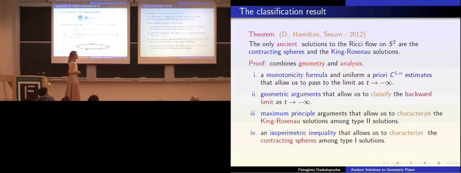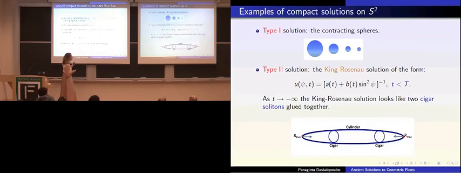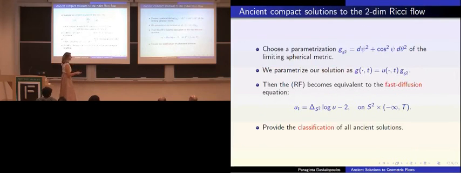Again, in 2012, with Hamilton and Sesum, we showed that the only ancient solutions of the Ricci flow on S2 are the contracting spheres and the King-Rosenau solutions. So again, why did we think that, okay, oh, here it is. The reason we first did the curve shortening flow is because this equation, one dimension higher, right here is on S2, before it was on the circle, it's kind of a Poincare-Smith type equation.